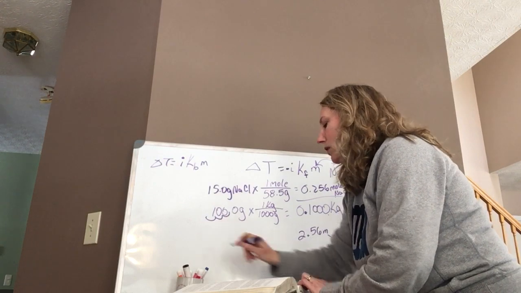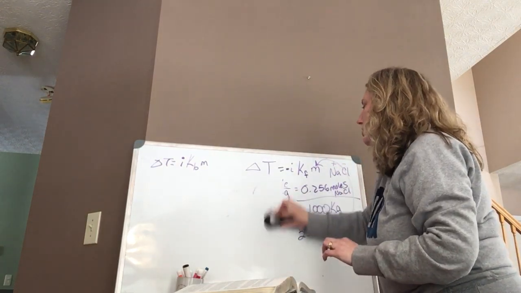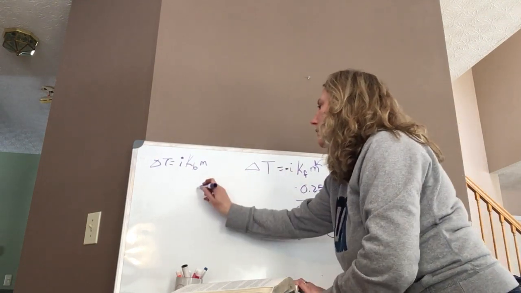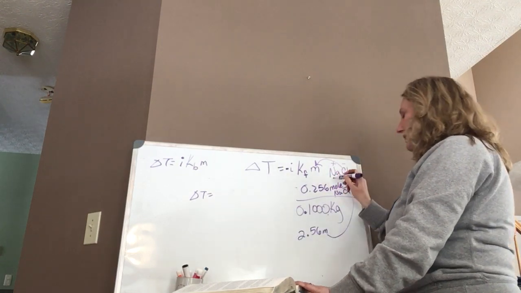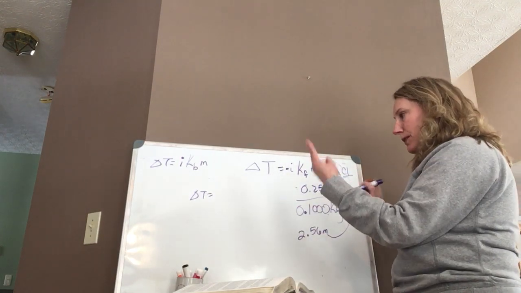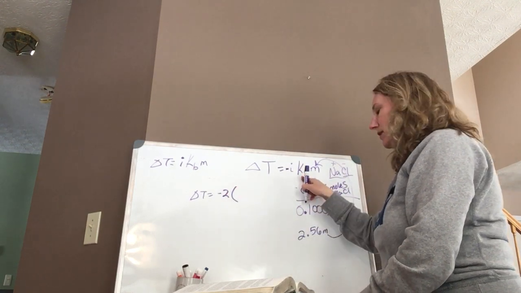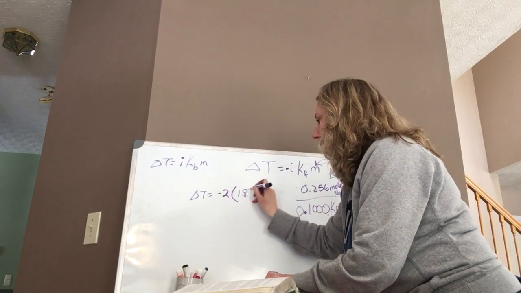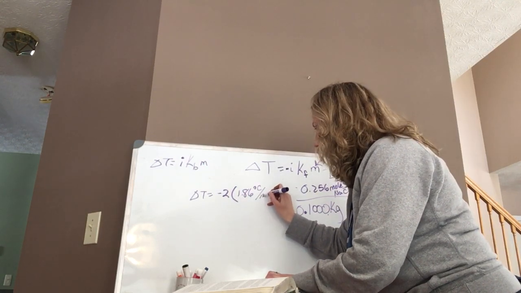So I have to go back to delta T, the change in temperature, which is going to be my negative i, which we said sodium chloride breaks into 2 pieces. So negative 2 times this K sub F that they have to give you. It's 1.86 degrees Celsius per m.